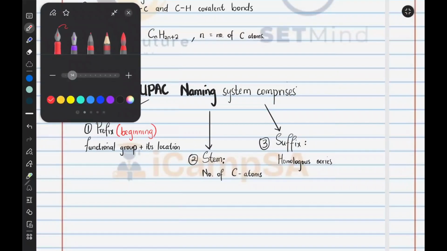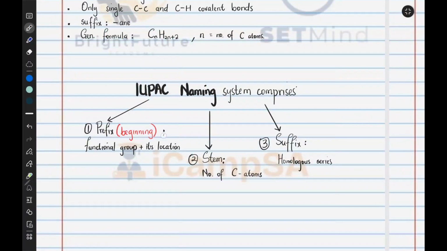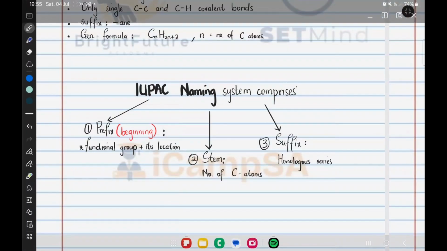And then it will tell us the functional group of that particular organic compound and the location of that functional group, or where it's found along the carbon chain.